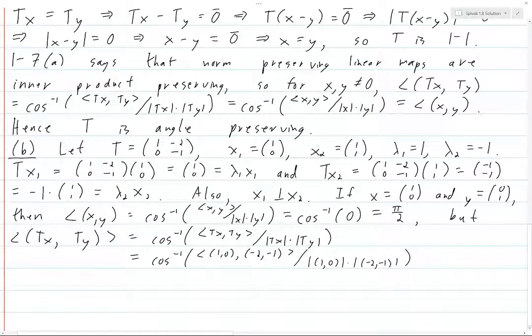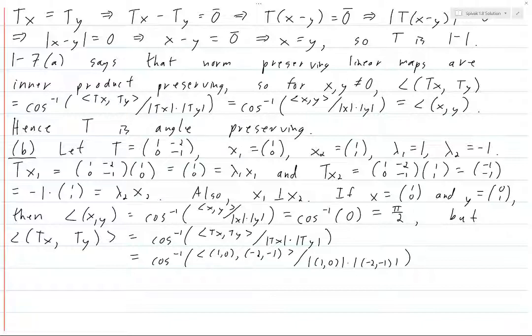The thing on the left is 1, and the thing on the right is the square root of 2 squared plus 1 squared, so the denominator will be square root of 5. The numerator will be -2 times 0 plus... so it's -2. So this is cosine inverse of -2 over square root of 5. I don't know what that is, but I do know that whatever that number is, it's not 0.